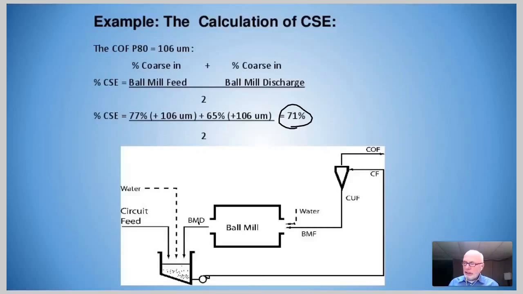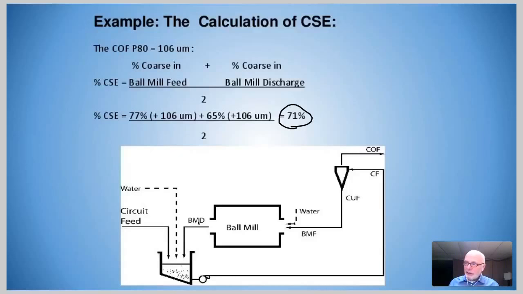So the question is then, do I have any influence over what my CSE may be? And the answer to that question is a definite yes. The first step is to recognize that the CSE for any circuit depends on the setup of the pumps and the cyclones. The mill grinds whatever is inside it. That is, it is the function of the mill to do the grinding.